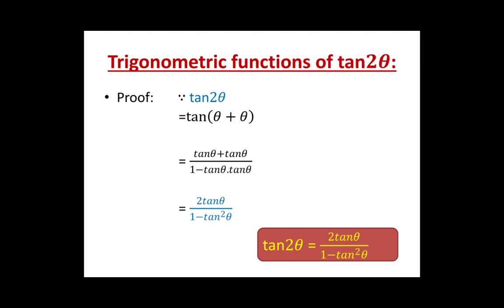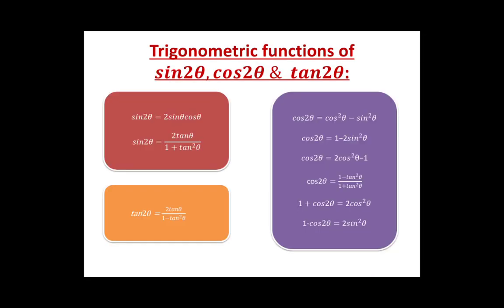Now let us summarize the formulas of sin 2 theta, cos 2 theta and tan 2 theta. For sin 2 theta we have two formulas.